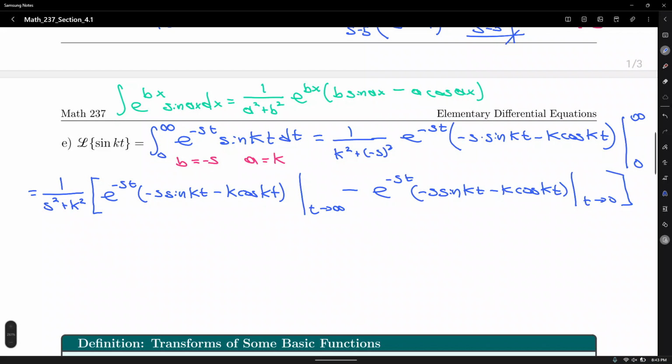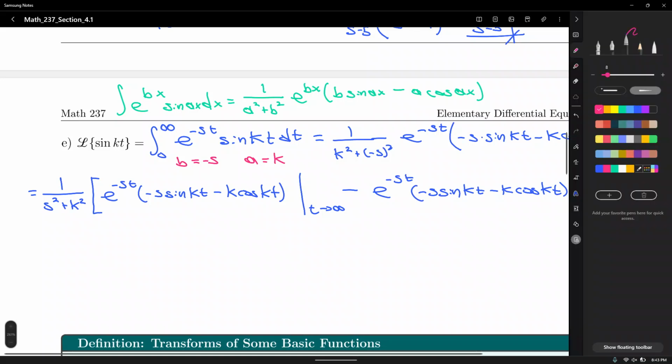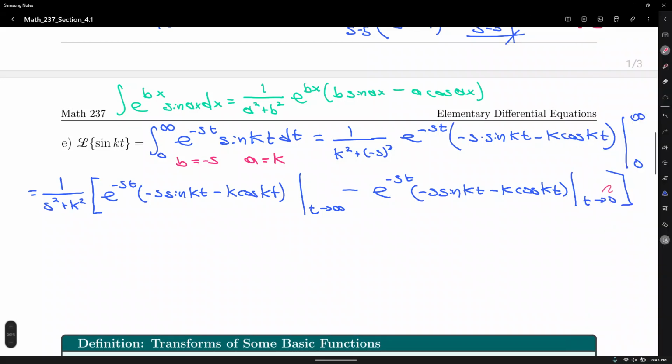Okay, let's simplify all these calculations. For t equals 0, cosine of k times 0 equals 1. Because sine of 0 equals 0, this term is going to go to 0. And e to the negative s times 0 will be equal to 1.